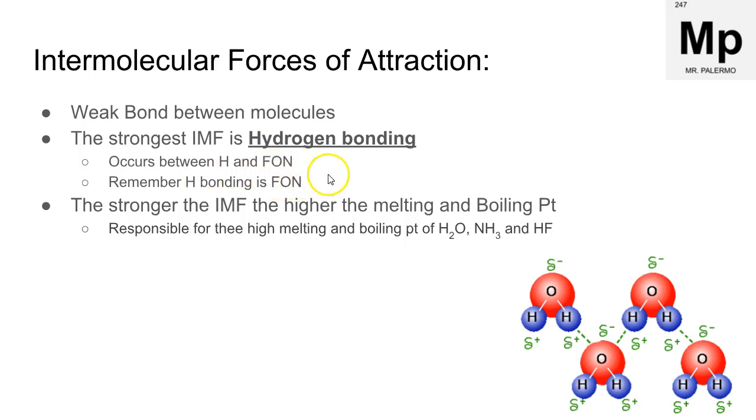Hydrogen bonding sets up that attraction between this hydrogen here, for example, in water, and the oxygen here. And this is the reason why water has a fairly high melting and boiling point for a covalent substance. Other substances that have hydrogen bonding, again, are things like water, NH3, our ammonia, and HF. And so the stronger that intermolecular force, the higher the melting and boiling point.